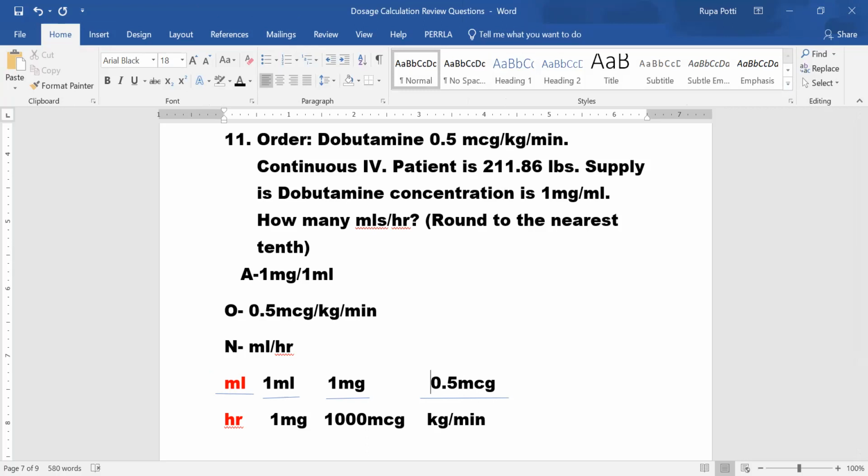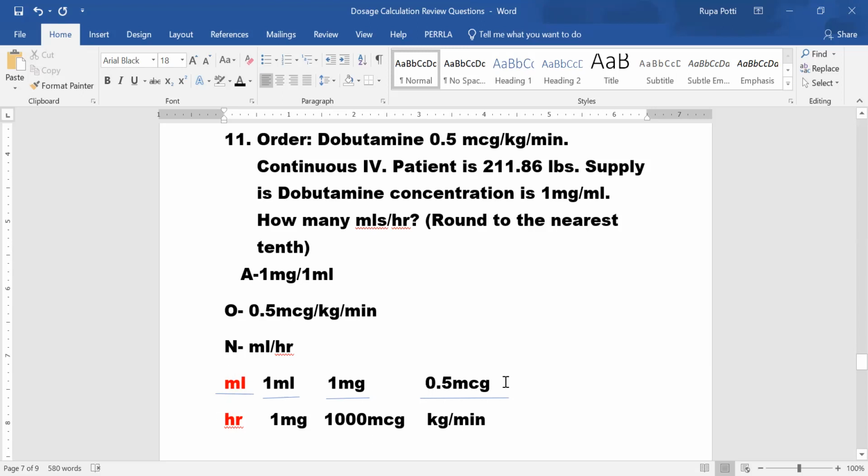So you're going to separate the medicine that you're going to give from the features: you're going to give 0.5 micrograms of medicine for what? For every kilogram of the patient per every minute, right? Now I have kilograms here, but eventually I need to have ml per hour.